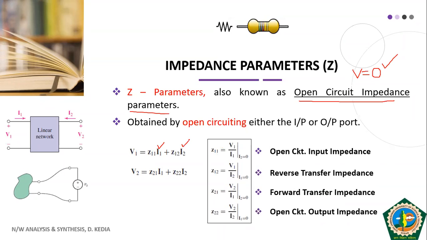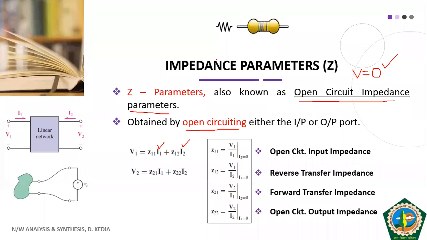And when the current is made 0, our circuit becomes open circuit. That's why these Z parameters are also known as open circuit impedance parameters. So all Z parameters will be open circuit parameters, because they are obtained by open circuiting either the input port or the output port, whereas your admittance parameters were obtained by short circuiting either the input port or the output port.